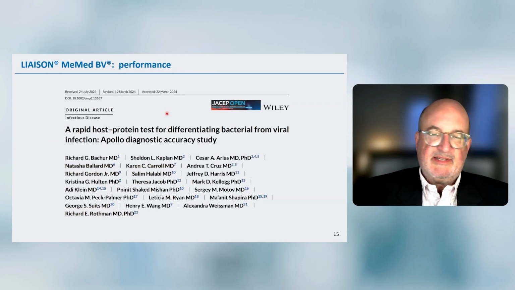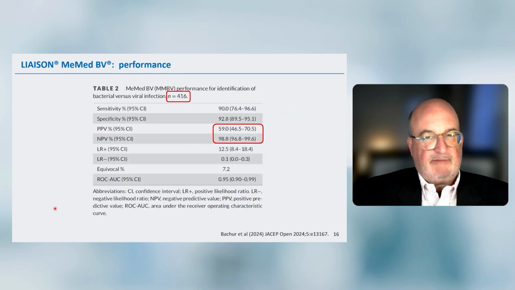The largest study, there have been many dozens of studies now on this test, including these very large clinical studies that have analyzed the performance of this test. And this is the one that actually was the hallmark study that led to the FDA clearance. To make a very large study very simple on this one slide, they studied 416 patients, had a panel of experts adjudicate, based on all the clinical, laboratory, and imaging parameters available, these 416 patients into bacterial or viral infection.